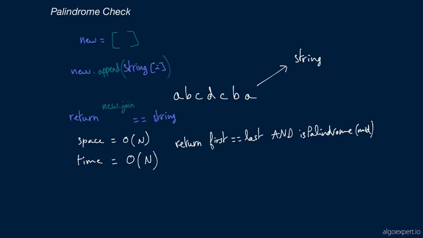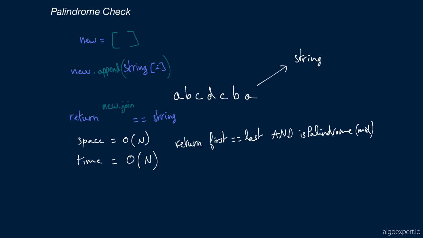So we're not iterating through the entire string, we're just doing half the work, because at each point we're comparing the first and last letter of a string. But it still converges to O of n. We're doing O of n divided by 2 operations, which converges to O of n.